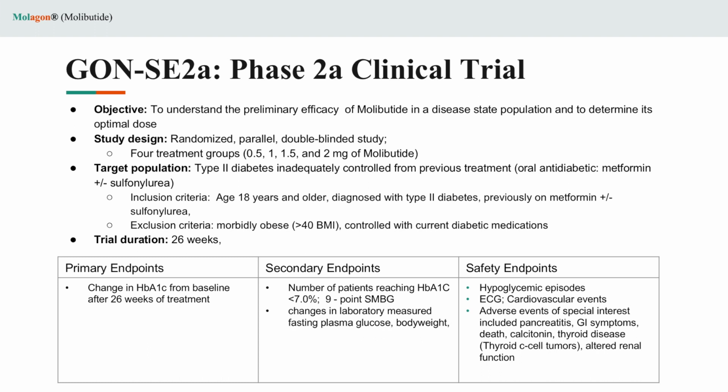This will help in finding the optimal dose of the drug and how it correlates with the efficacy and safety profile of molybutide. Here, the target population changes and includes patients with type 2 diabetes who have previously been on metformin therapy, but still have uncontrolled diabetes defined as HbA1c of greater than 7%.